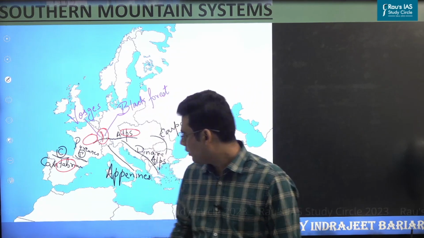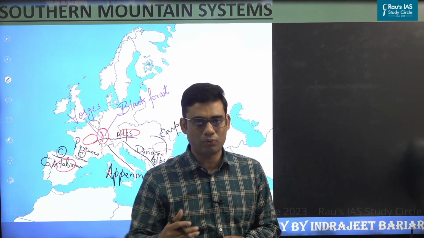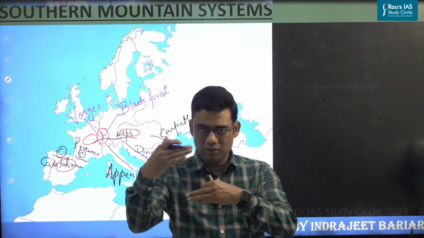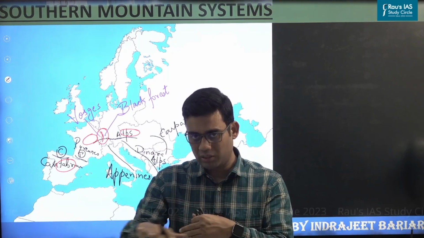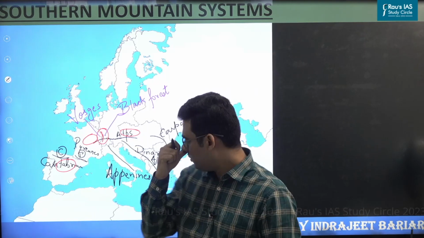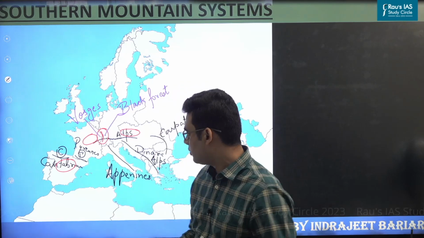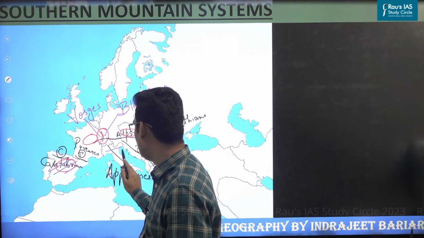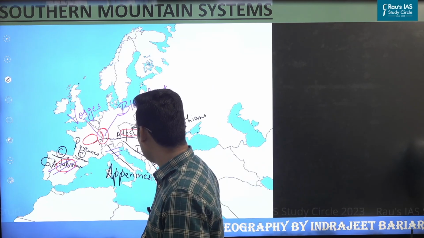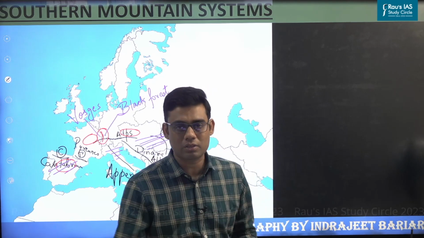Apart from that, between these old block mountain systems and the new fold mountain system, we have subsided portions which are present in the form of plains. These plains can be found in Spain, in northern Italy, as well as moving up over here as the Hungarian plains.